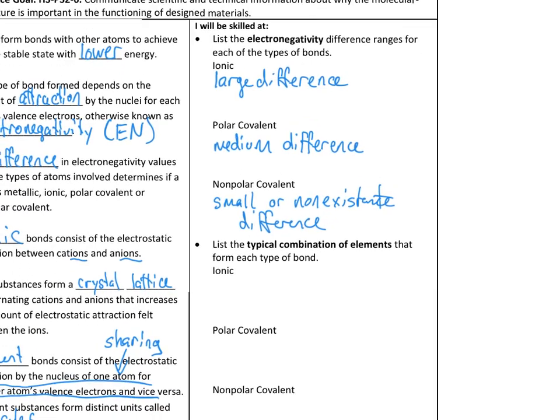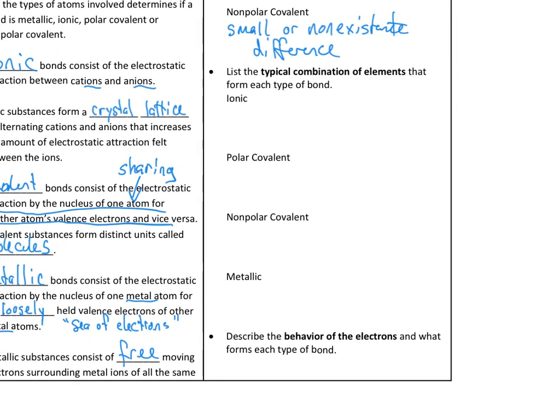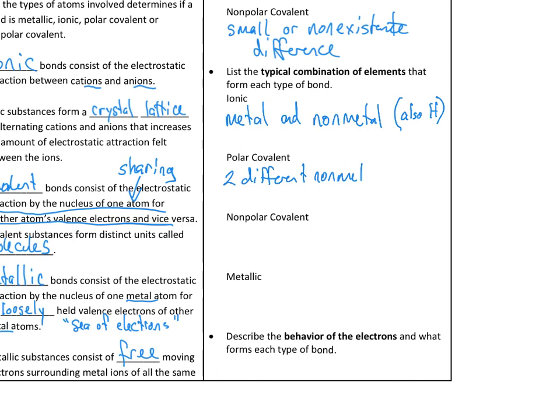And looking at the type of elements that make each kind of bond. For an ionic, we said that this was a metal from the left-hand side of the periodic table, and a non-metal from the right-hand side, remembering that that nonmetal can also be hydrogen. For our polar covalent, this is two different nonmetals, but again, that also includes hydrogen.